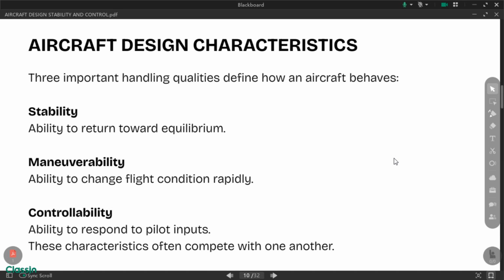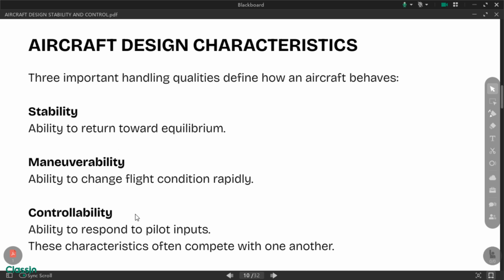All of those, they may obey the same aerodynamic principles, but pag nag-input na talaga yung piloto, they might respond differently. Okay? Yung difference na yun arises from three fundamental handling qualities that we have for aircraft design. No? Stability, maneuverability, and controllability.